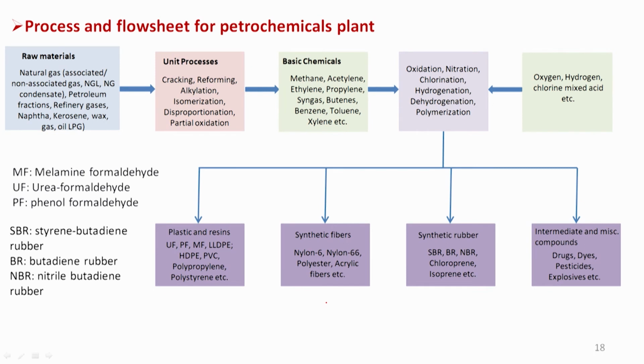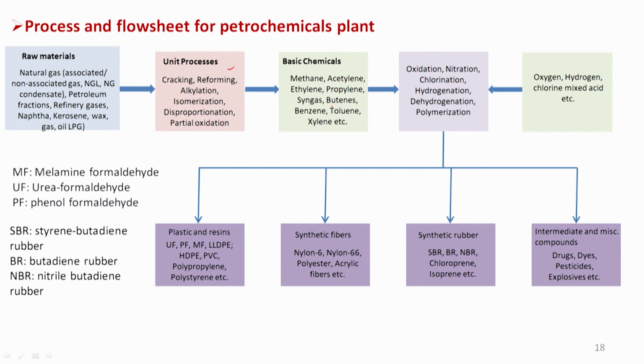Now, we will see the pollution control in petrochemical industries, and first we will see the process flow sheet for petrochemical plants. This slide shows different raw materials used for the petrochemical plants and different unit processes used in it, and basic chemicals which are produced from these raw materials.